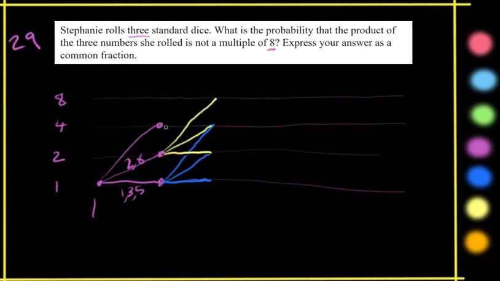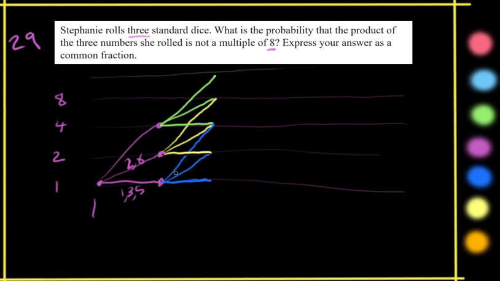And then if I started here, I can go like this, like this. I could actually end up with something that's a multiple of 16 if I roll a 4 and then a 4. Okay, so those are the possibilities there.